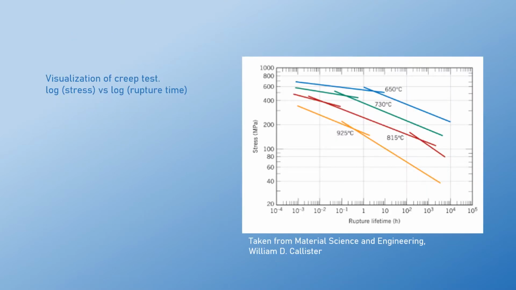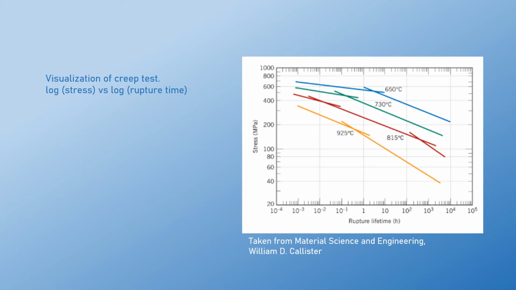This is another visualization of the creep test. Each line, each color represents the temperature, and this temperature remains constant throughout the creep test. Each line has points, and each point has x and y coordinates.